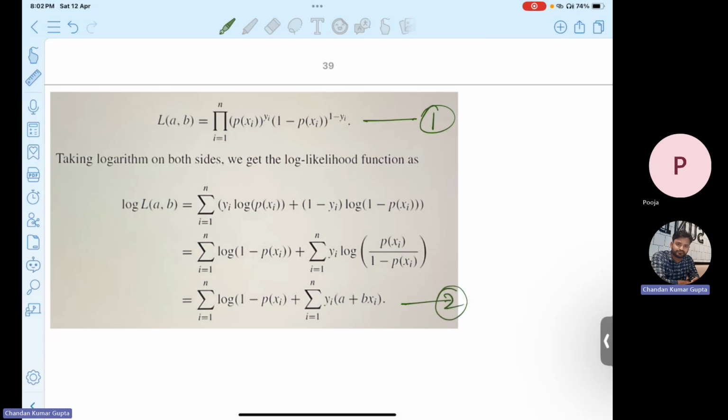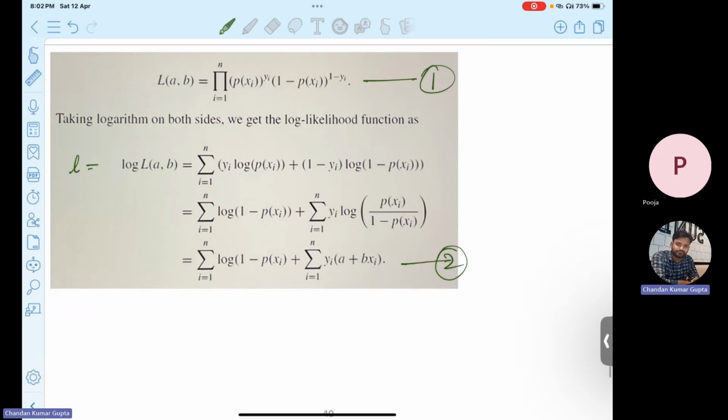Then what we do is differentiate equation 2 partially with respect to a and then with respect to b, and equating those derivatives to 0, we get the log likelihood equations. Suppose the log likelihood is L. Then del L by del A equals 0, and del L by del B equals 0.